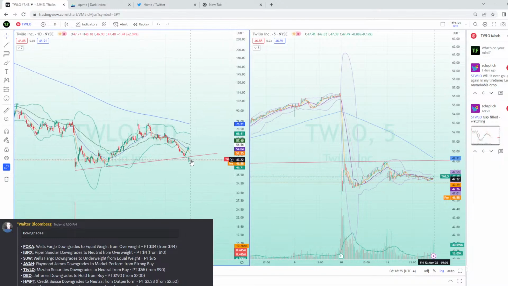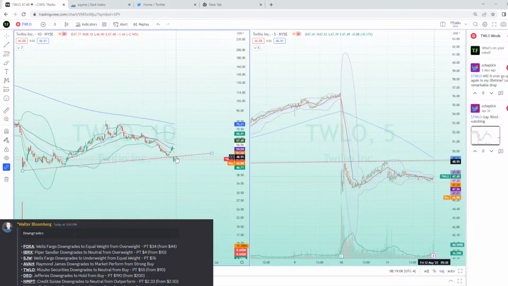So I don't see any chance on this one, unless you want to short this stock. If you want to short, you probably can short at this 49 level. It probably is going to give some bounce back because it dropped too much on the earnings day. Let me check PayPal.